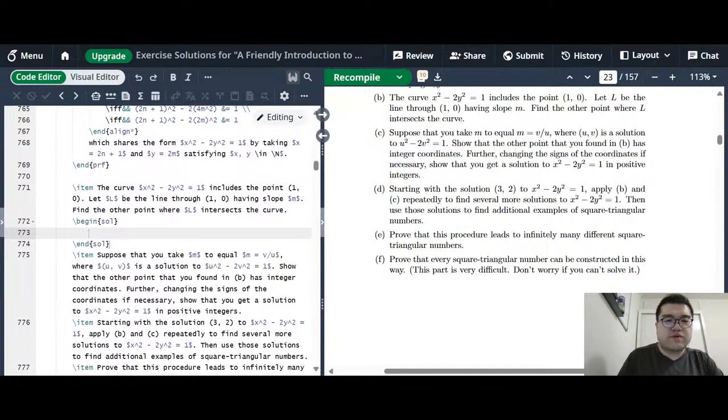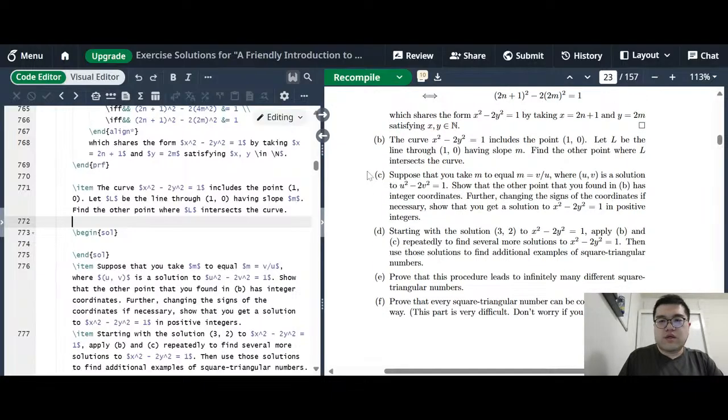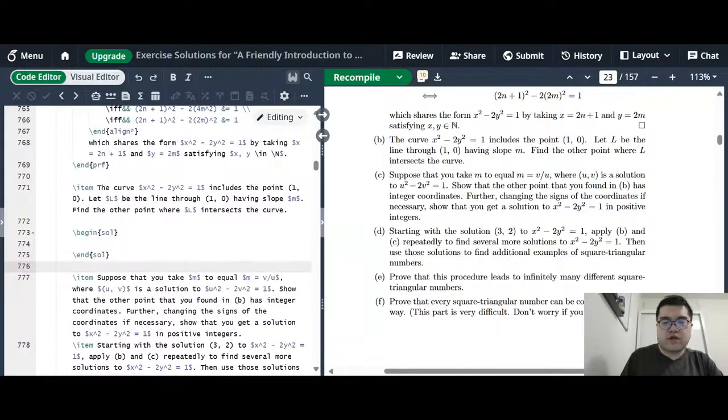Okay, we need to find a solution. So here we go. Do we need this line? Yeah, we actually do need this anyway. We're going to give a little bit of space here. So here is a sketch, here's a sketch for part B.